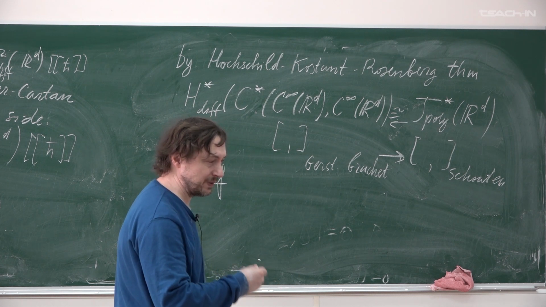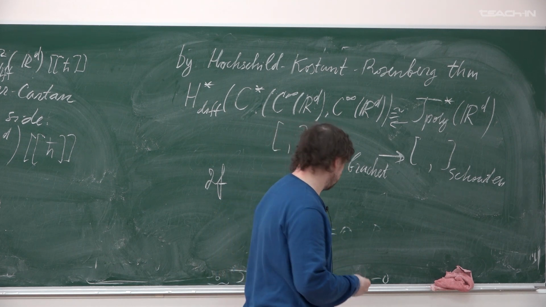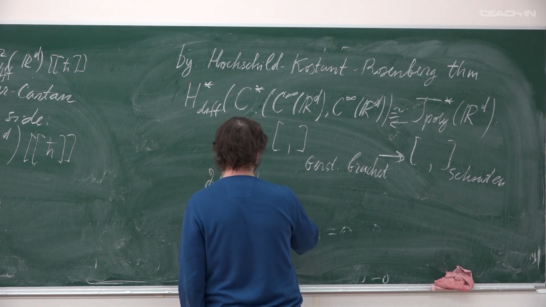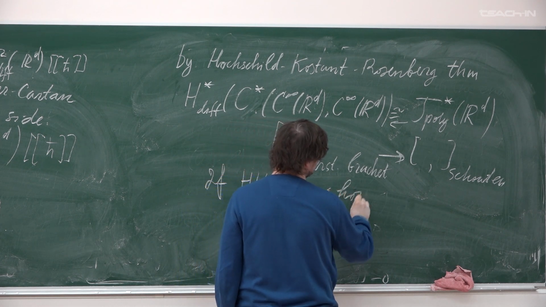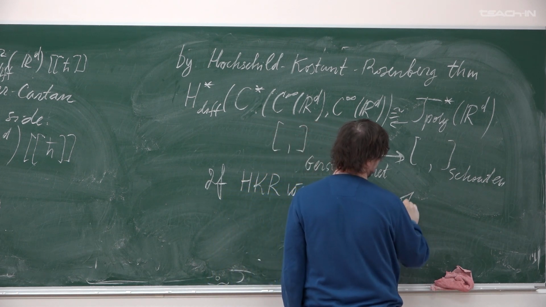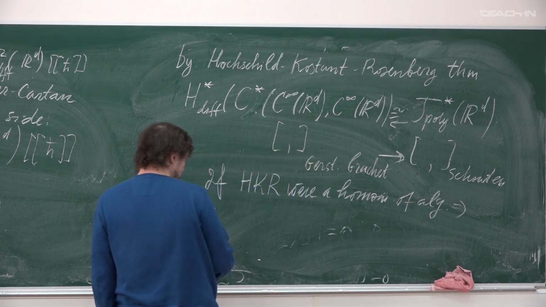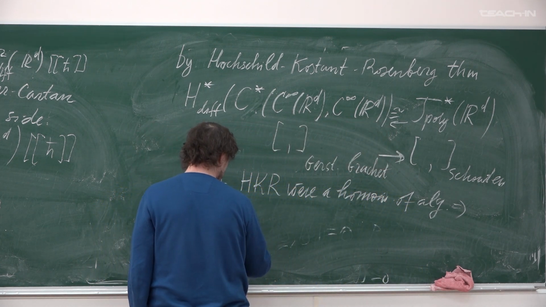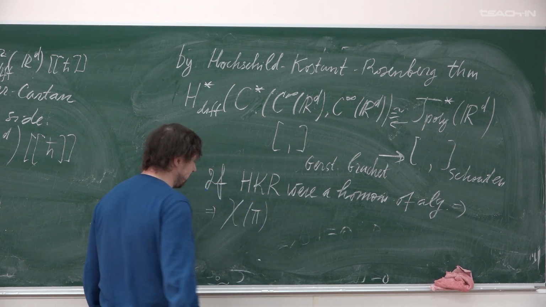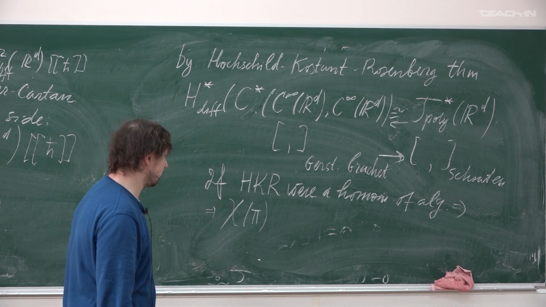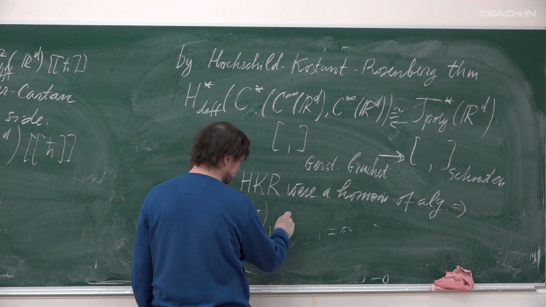If the Hochschild-Kostant-Rosenberg map were a homomorphism of algebras, then we would just take this pi, apply the Hochschild-Kostant-Rosenberg map to it, and then we would have the same equation.